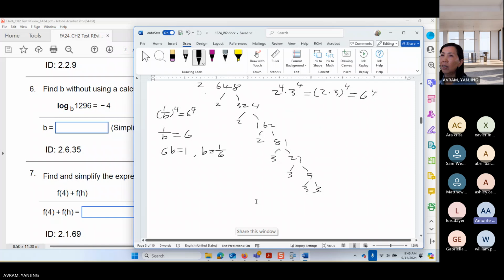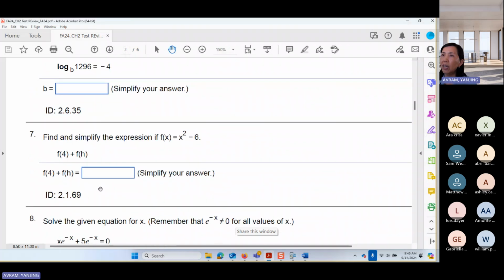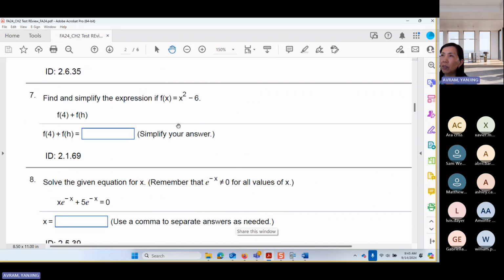Okay, find and simplify the expression if f of x is equal to x squared minus 6. So you want to simplify this expression. Basically, you just replace the x.